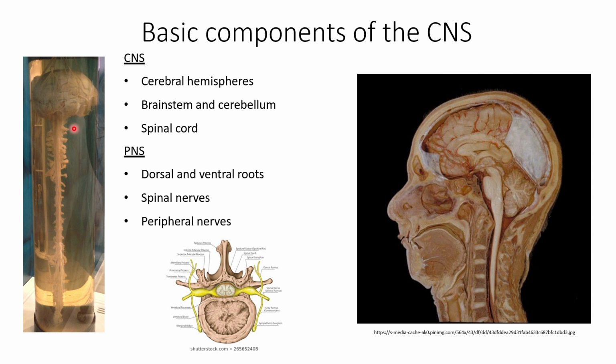Furthermore, you can also see connecting to the spinal cord these various elements of the peripheral nervous system, and we can see here, for example, some of the dorsal root or sensory ganglia connecting to the cervical spinal cord at the level of the brachial plexus and connecting to the lumbosacral cord at the level of the lumbosacral plexus.